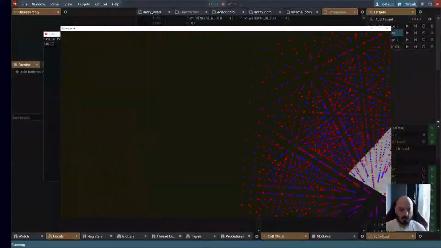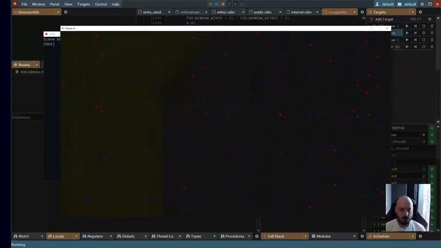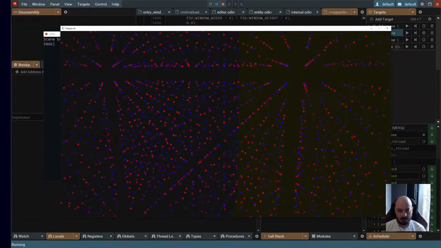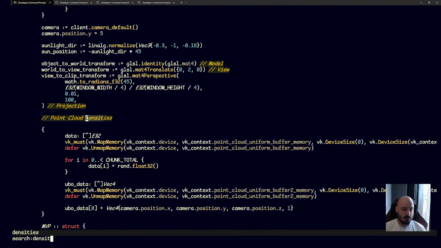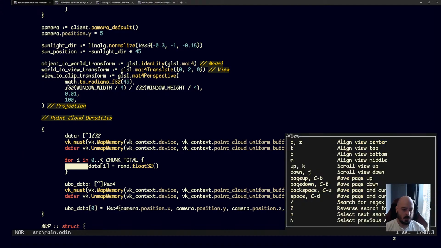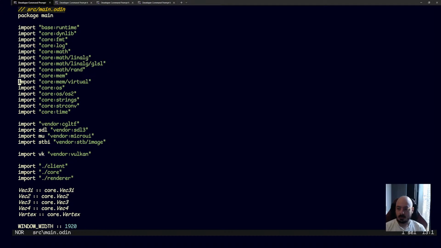So, that's cool. Now, what I was thinking was we could actually use some noise to generate the densities instead of just making them random. And so if we go to densities, we've got this thing here. I suppose I will just include the noise library.